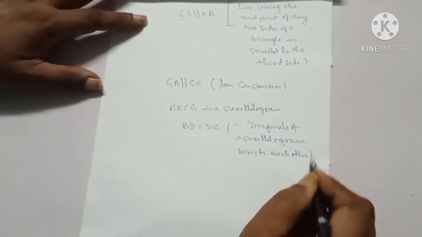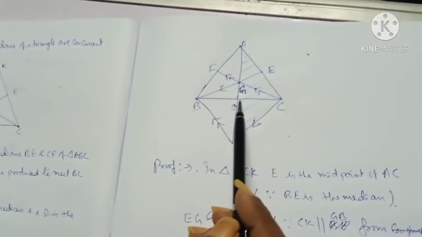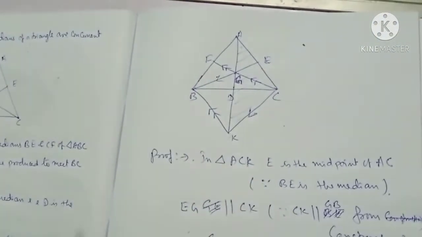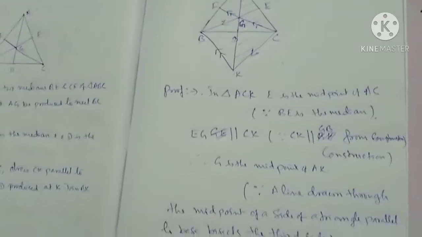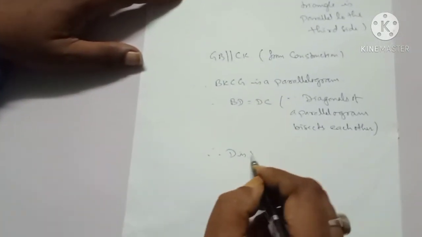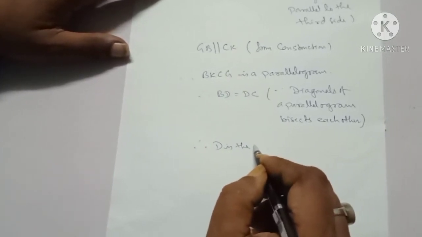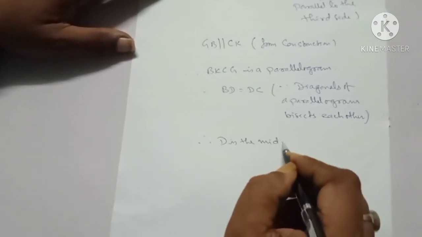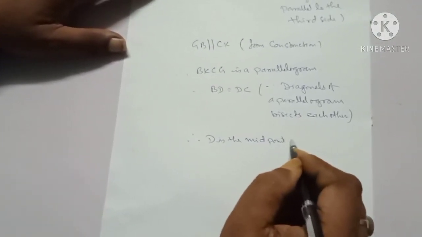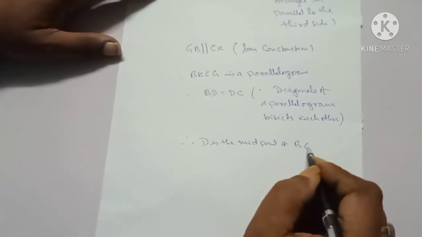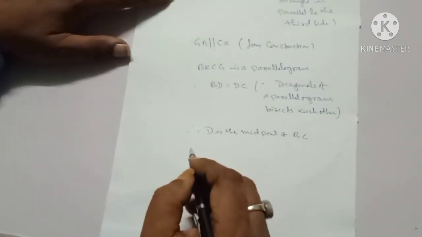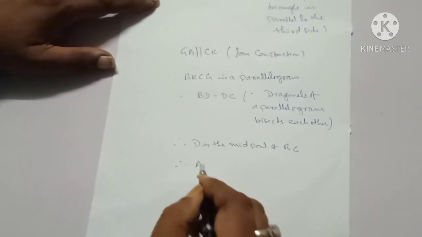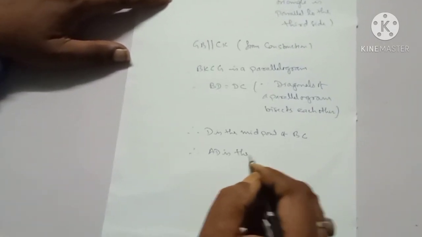So BD is equal to DC. Therefore D becomes the midpoint of BC, and so therefore AD is the median.